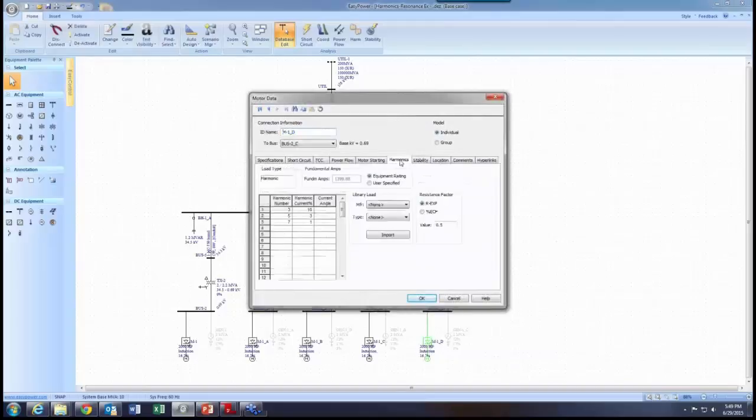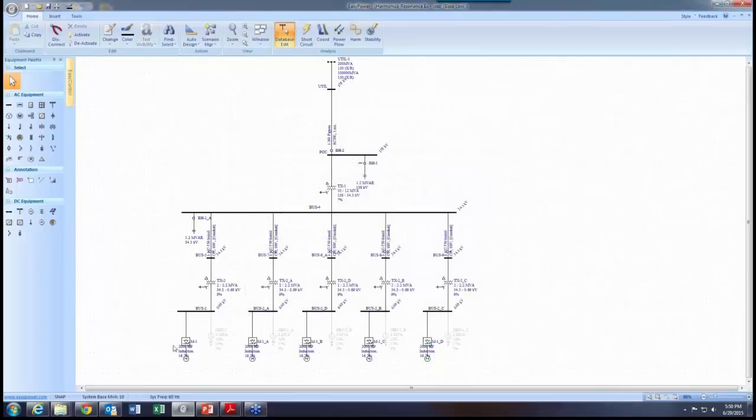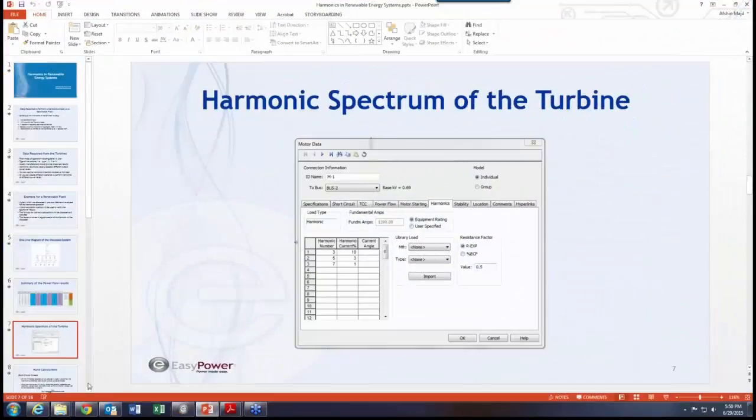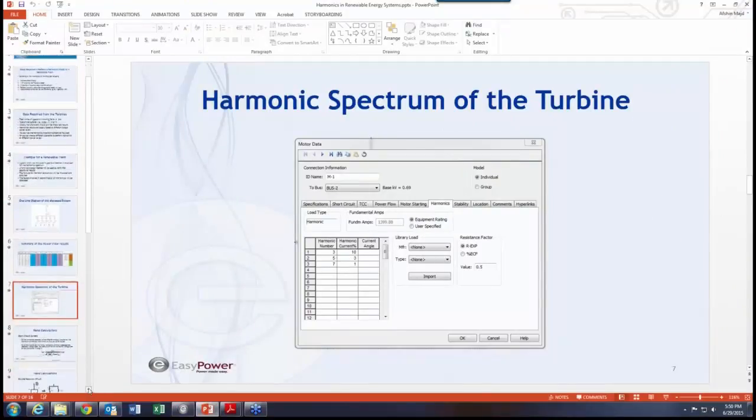Then you go to harmonics and start defining these values. You can change them, add, put different values, anything you want. And once you have it for one of them, you can copy and paste it for other VFDs as well. We again come back here. This is how you would put all the frequency harmonics there.